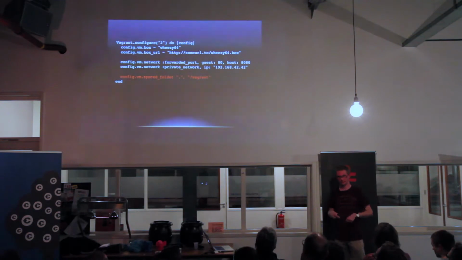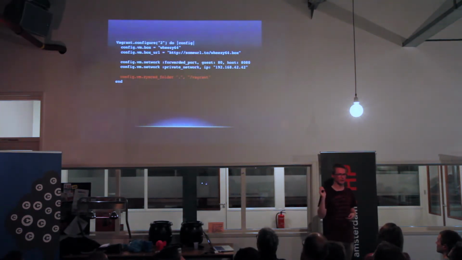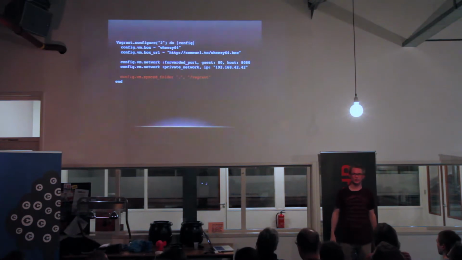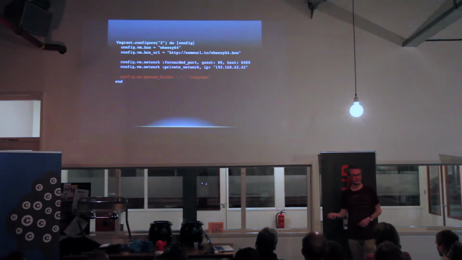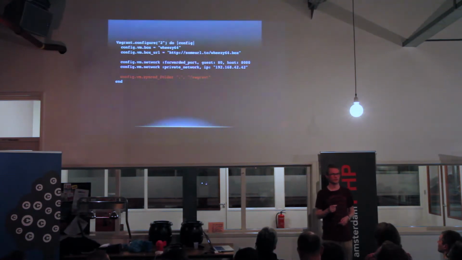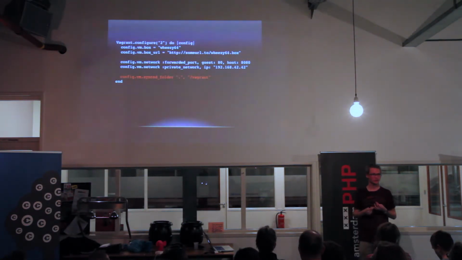You just use your host file or something to get a host name to this IP address, and it will run from your virtual machine. Everything that's needed to run your application, so PHP, MySQL, Apache, Nginx, whatever you will be using, will run inside the Vagrant box.